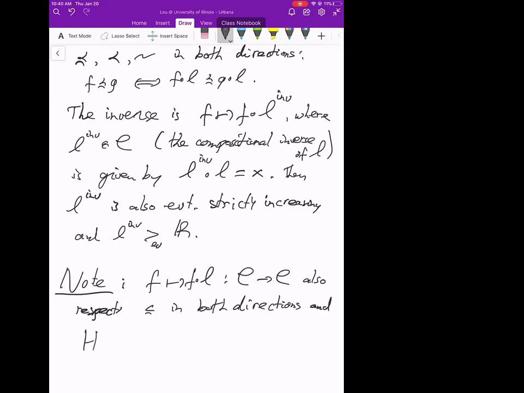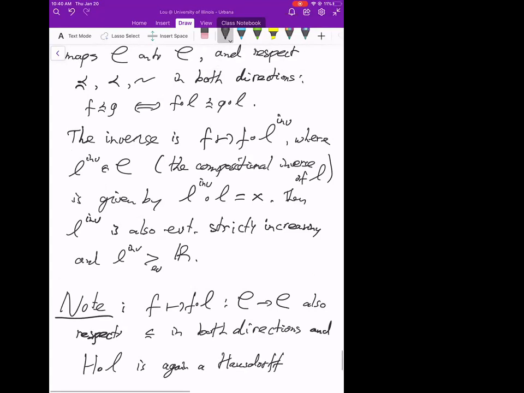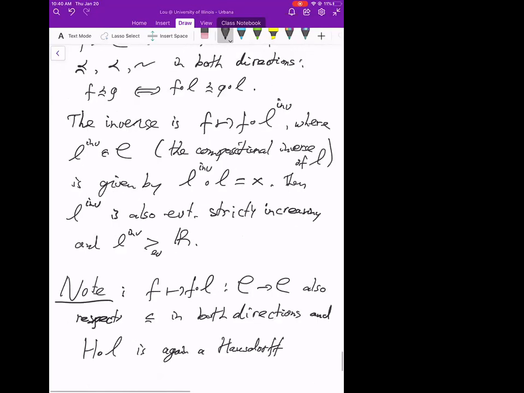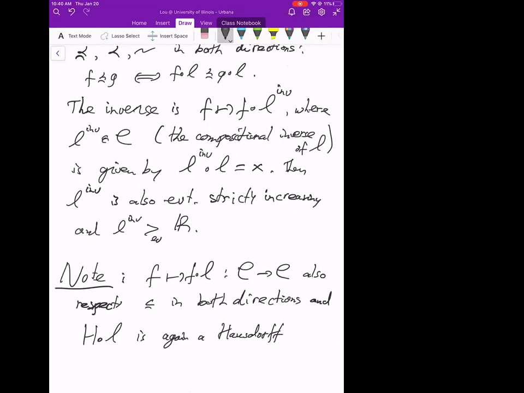If you compose every element of a Hausdorff field H with L, you get again a Hausdorff field. It's rather obvious from the earlier statements, because this is an automorphism of the C-algebra. It maps a subfield automatically onto a subfield.